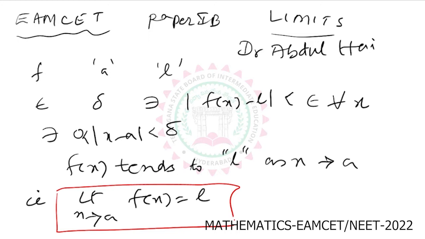If to every positive number epsilon there exists a positive number delta such that mod of f of x minus L is less than epsilon for all values of x such that mod of x minus a is greater than 0 and less than delta, then we say that f(x) tends to L as x tends to a, that is, limit x tending to a of f(x) is equal to L.